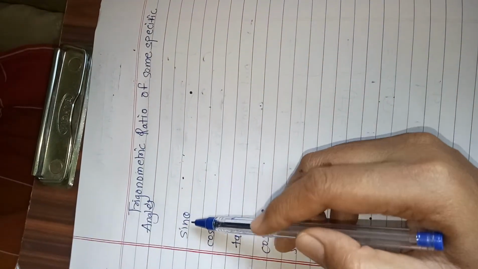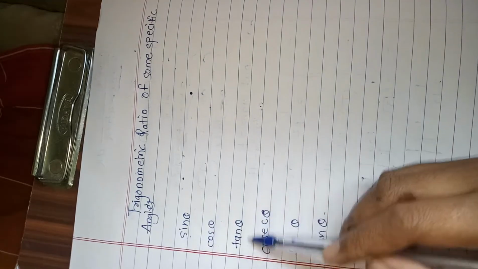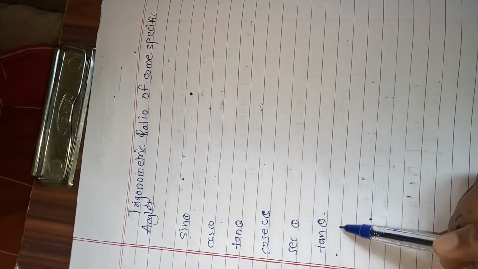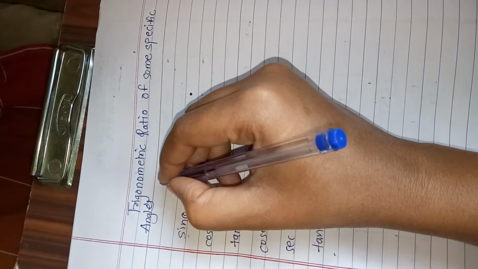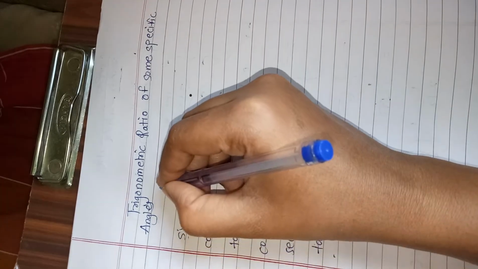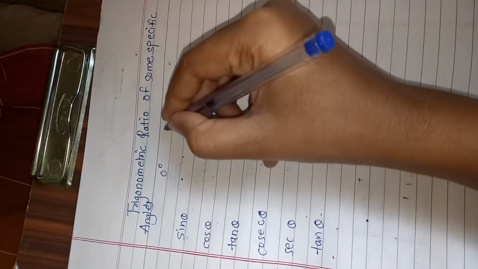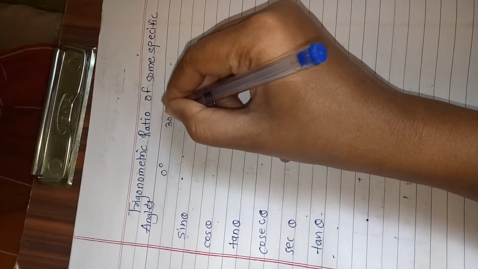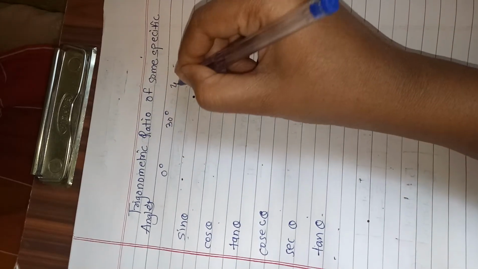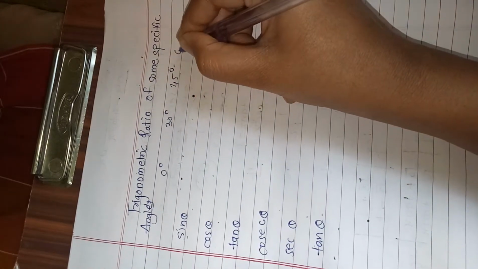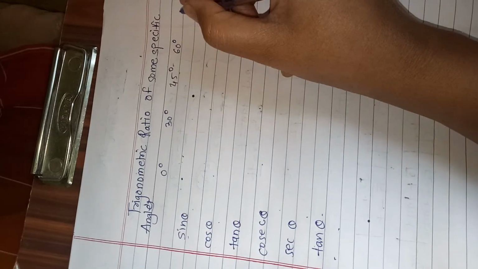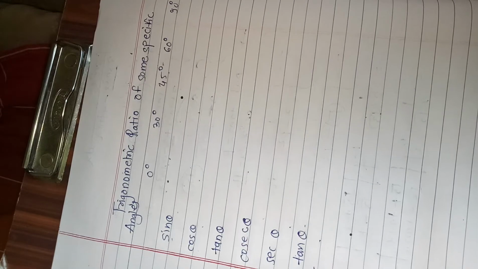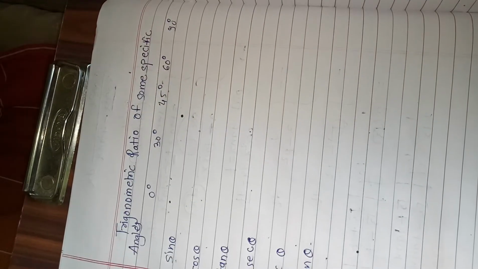These 6 trigonometric functions. The first angle is 0 degrees, second is 30 degrees, third is 45 degrees, fourth is 60 degrees and last is 90 degrees. So only these 5 angles we find here.